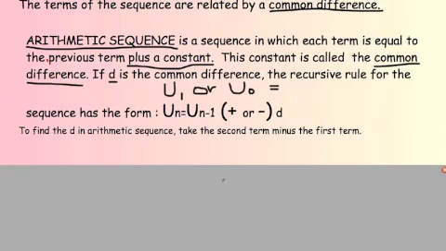Now, most of the time, I think you can see the pattern. If you cannot, if you're looking for the common difference in an arithmetic sequence, you can always take the second term minus the first term. For example, the concert hall earlier: I can take 63 minus 59 and get that the common difference is 4. All right, so that's what we call an arithmetic sequence.